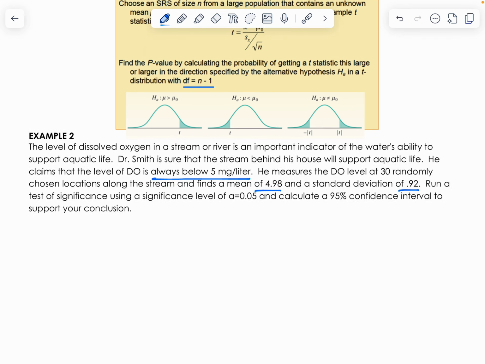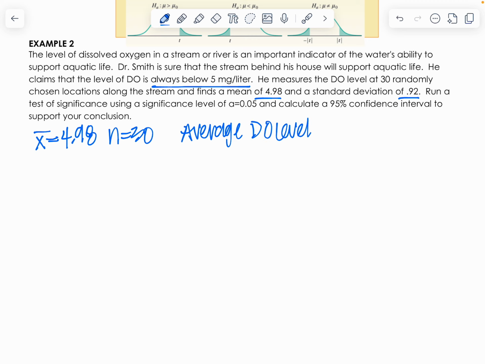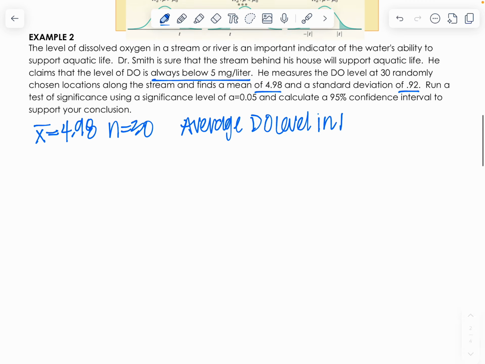Run a test of significance using a significance level of 0.05 and calculate a 95% confidence interval to support your conclusion. So in this case, we know X bar is 4.98, where n, his sample size, was 30, and we are looking at the average dissolved oxygen level in the stream.